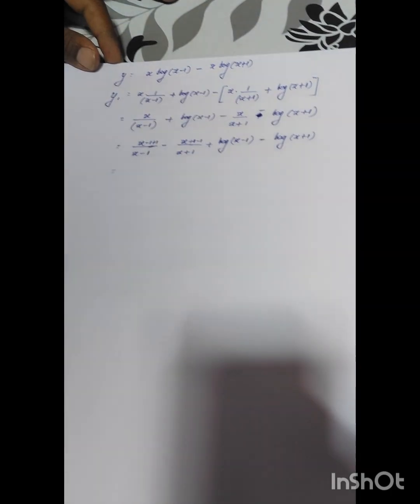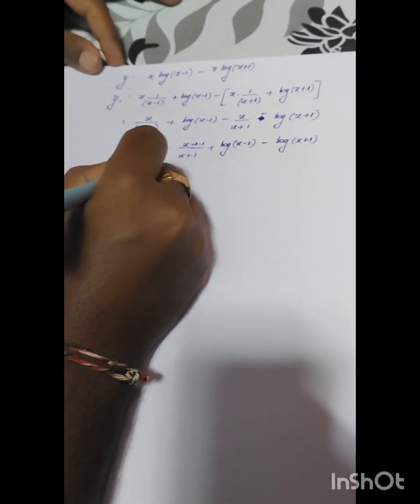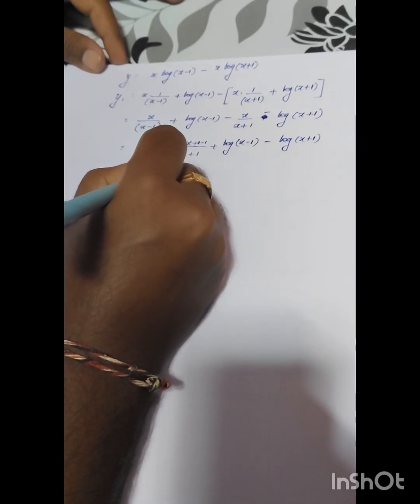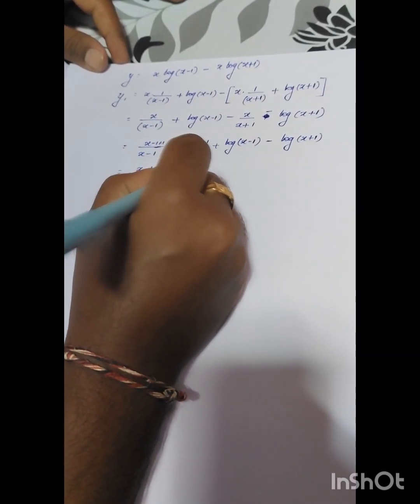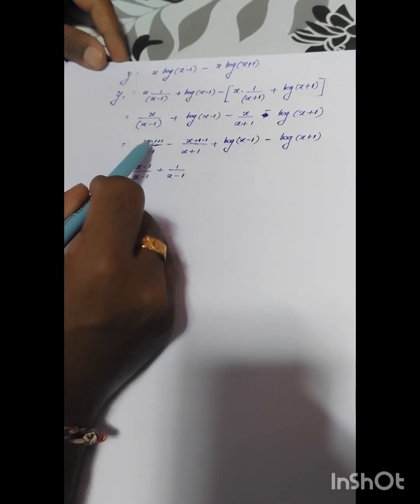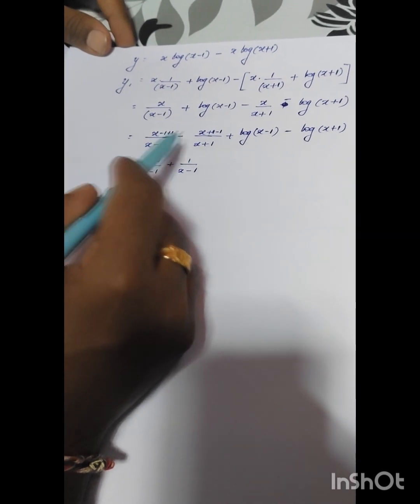Similarly, I will add one term and negate it with minus 1 in these two terms. So now I can split this term. This will become x minus 1 divided by x minus 1 plus 1 over x minus 1, right? So what did I do? x divided by x minus 1 was there, I just added and subtracted, and if I am adding and subtracting, that is 0, so that should be fine, right?